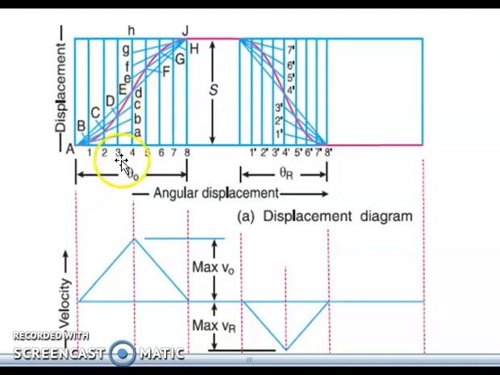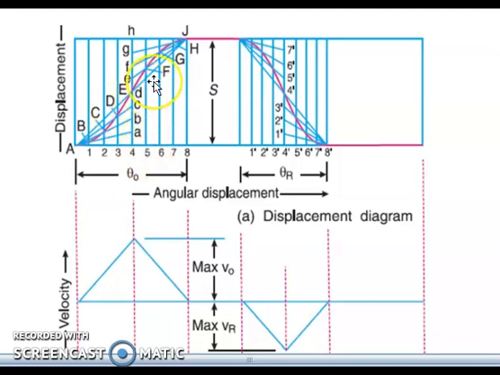From C will meet the line from 3, third point. So it is better if you are numbering it as 1, 2, 3, 4, 5, 6, 7, 8. From 2 and the line from 2 meets, you get another point. From 3 and the line from 3 meets, you get another point.